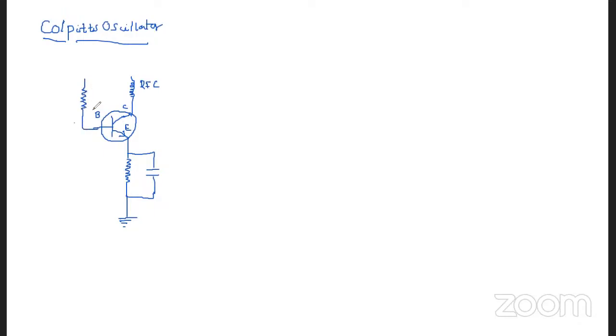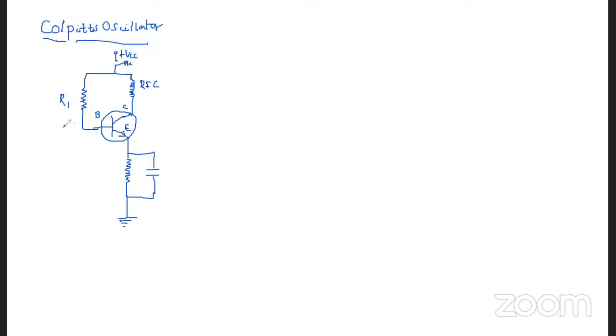Generally, we call it a divider resistance. So R1. And this combination, we will be connecting to a power supply with a key here, which is plus VCC.